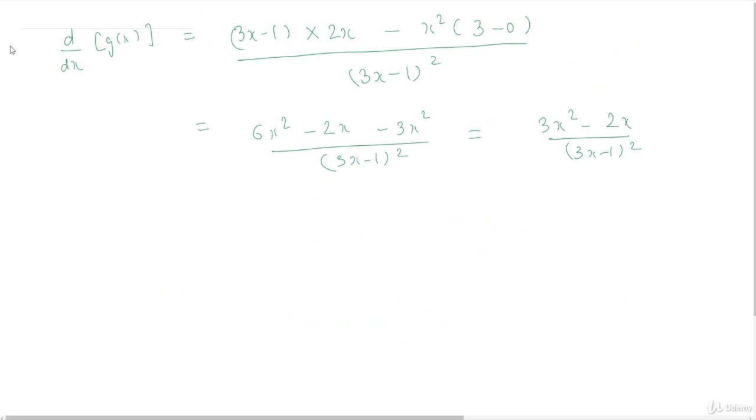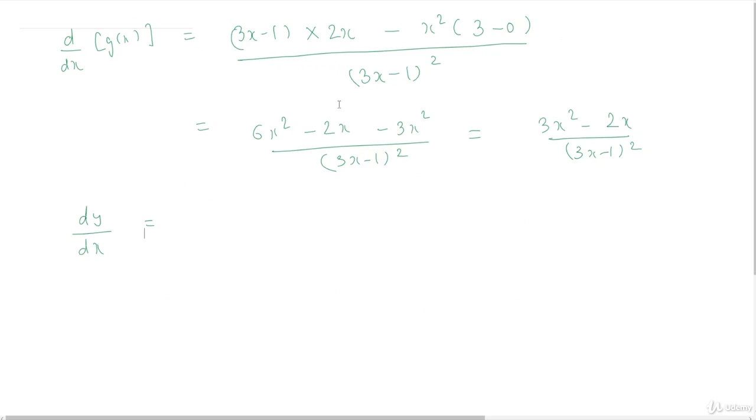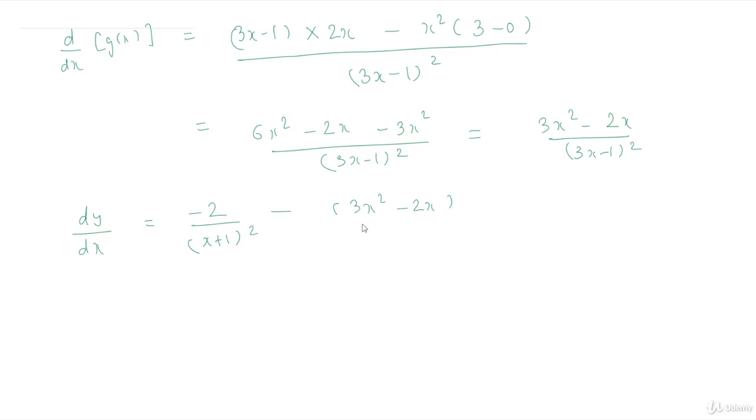So dy by dx is d by dx of f of x, that is minus 2 over x plus 1 whole square. So the first part is minus 2 over x plus 1 whole square, minus d by dx of g of x, which we have already calculated as 3x square minus 2x over 3x minus 1 whole square.